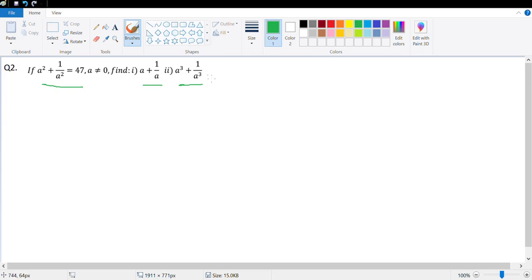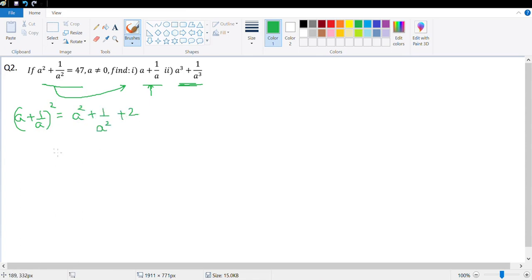So from here, I know I can find a cube plus 1 upon a cube if I have the value of a plus 1 upon a. But from a square plus 1 upon a square, I need to find the value of a plus 1 upon a. So I know a plus 1 upon a the whole square is equal to a square plus 1 upon a square plus 2.